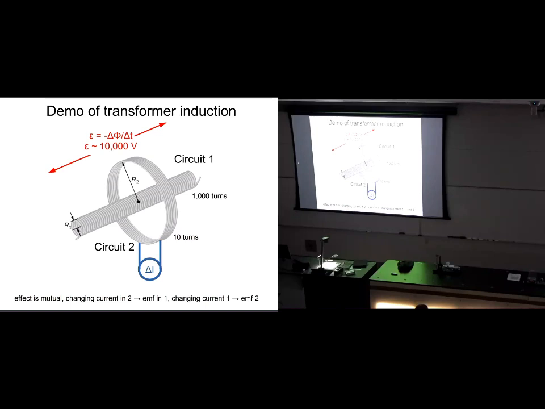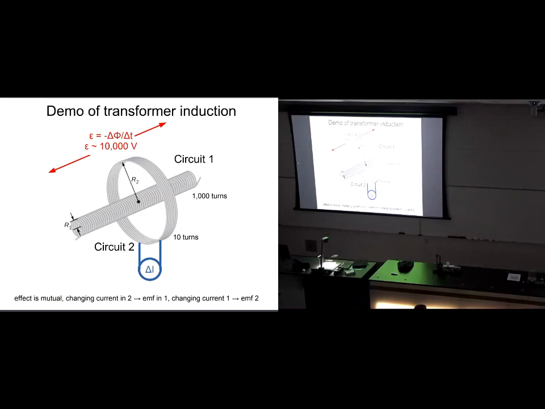That voltage is also very large because I've got this solenoid that has many, many turns. And each of those turns captures some of the flux of the coil. And if I've got 1,000 turns, I capture 1,000 times the flux of the coil. So this voltage is so large. It's tens of thousands of volts I'm producing.